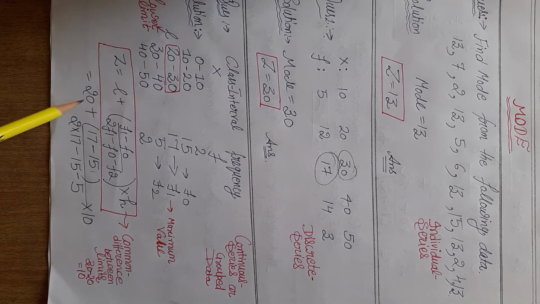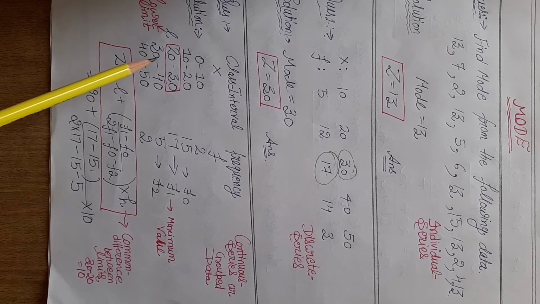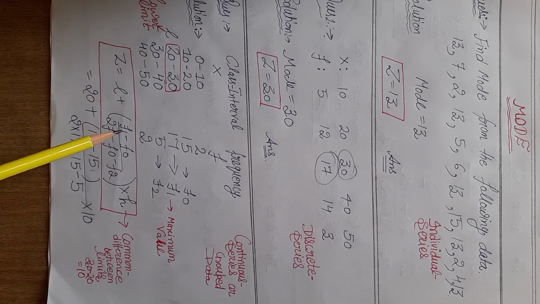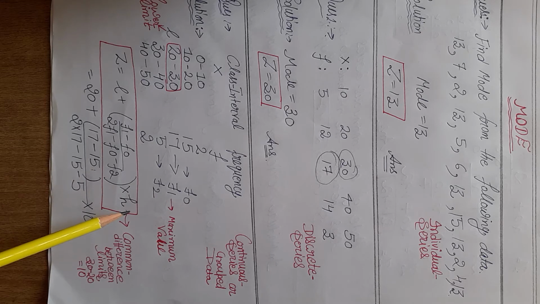We use this formula to calculate the mode. For this, we take Z is equal to L, L for lower limit, plus (f1 minus f0) upon (2f1 minus f0 minus f2) multiplied by h.